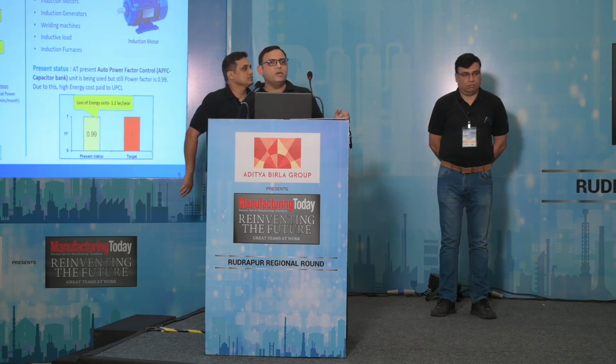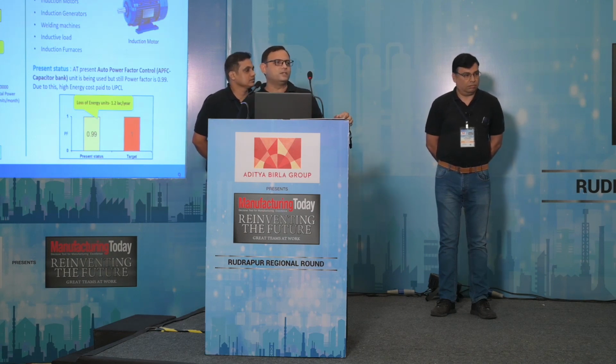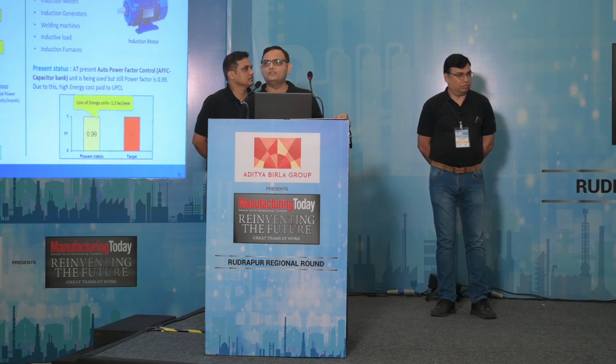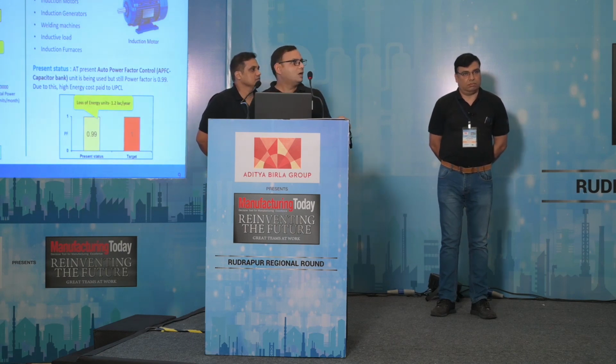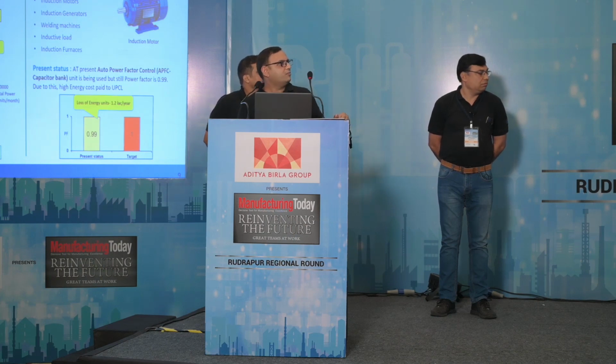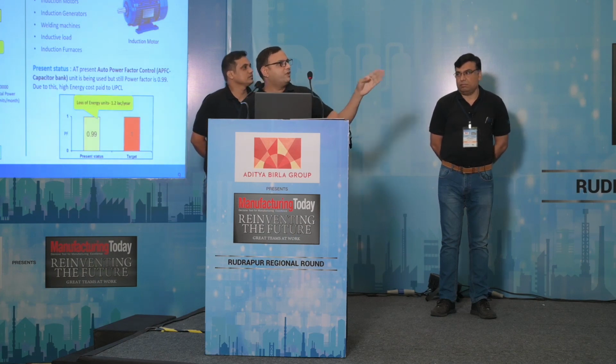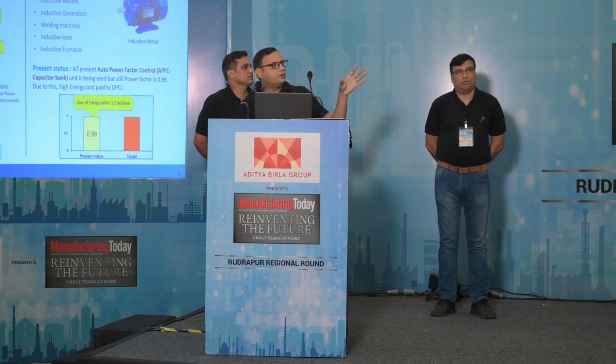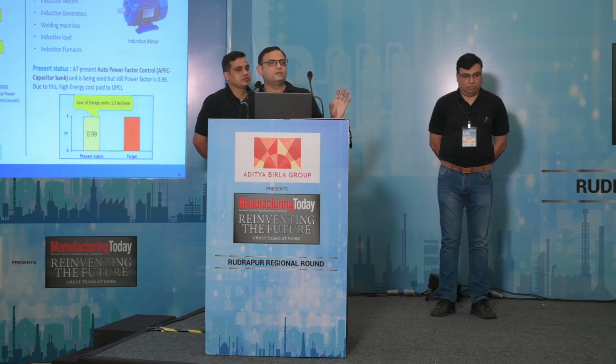We have installed an APFC panel in our system. It is a universal practice in all industries to increase the power factor. We were able to achieve a power factor of 0.99, but still there was a loss of nearly about 1.2 lakh units per year.